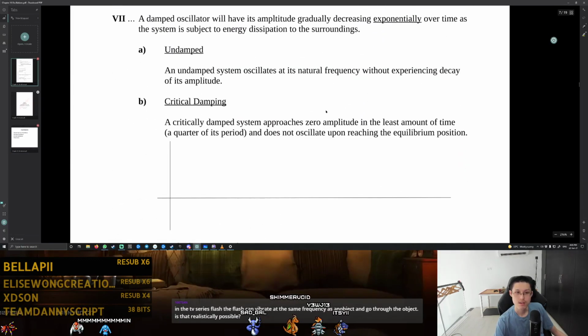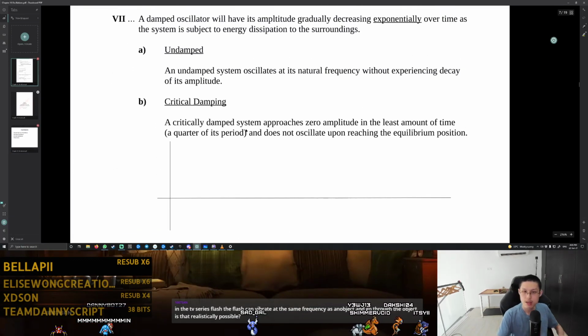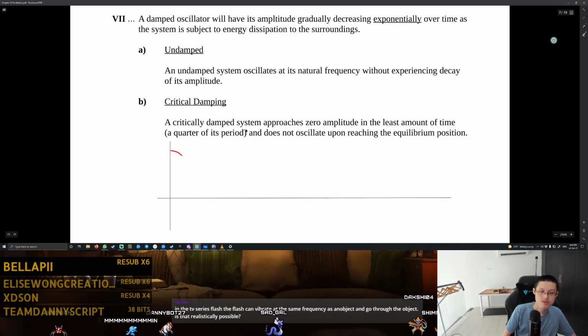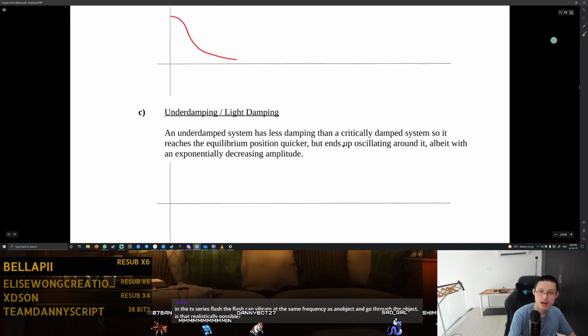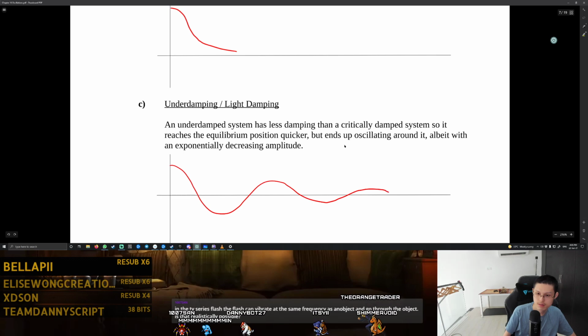So you can draw that here. Critical damping means it just drops like that. And then underdamping or light damping means it drops like this, and it completes multiple loops.